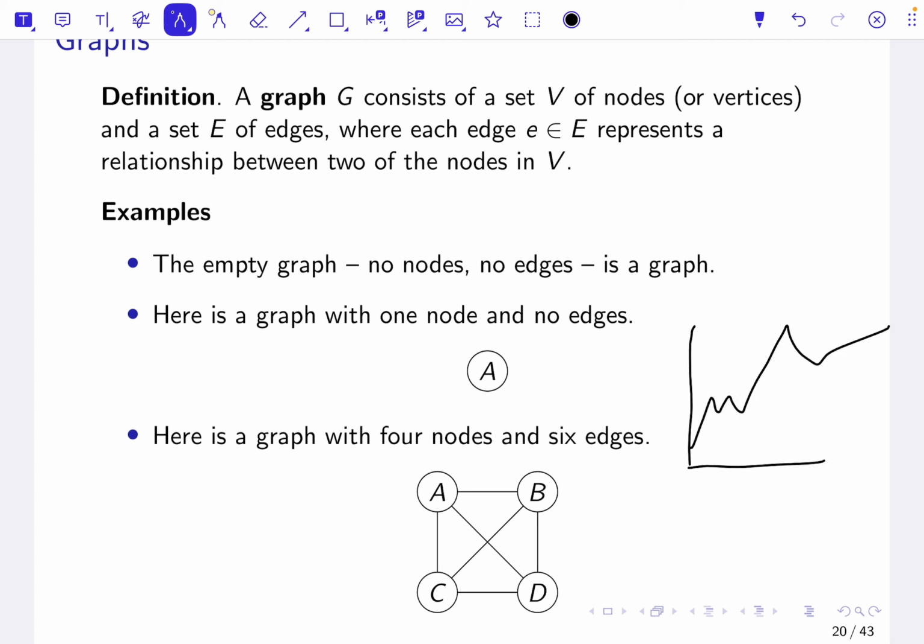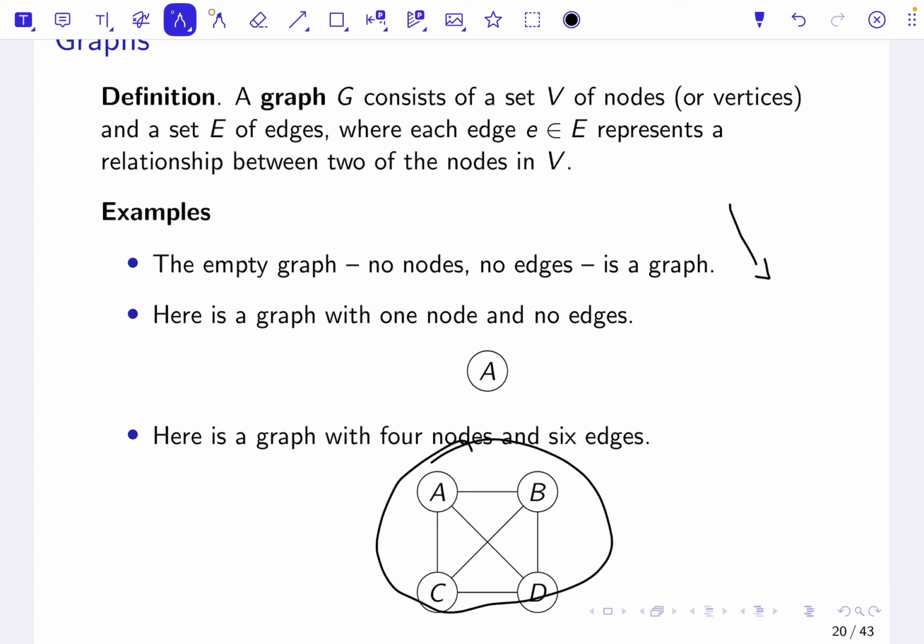This graph has 4 nodes and 6 edges. And I'm going to use this example to actually go over what a graph looks like mathematically, because this picture doesn't really look like a set V of nodes or vertices and a set E of edges where each blah, blah, blah. It's a bunch of circles and lines.